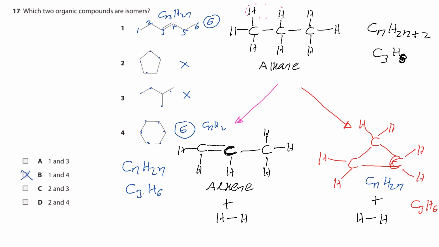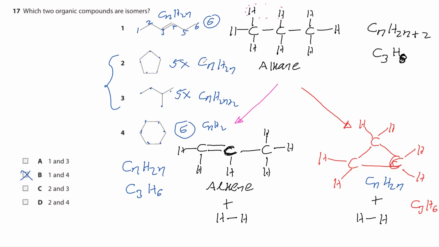Now one of you might argue, why only B? Why can't 2 and 3 also be isomers? This one has 5 carbon, and this one also has 5 carbon. But the difference is that the third one is an alkane, with general formula CnH2n plus 2, and the second one is a cycloalkane, whose general formula is the same as an alkene.